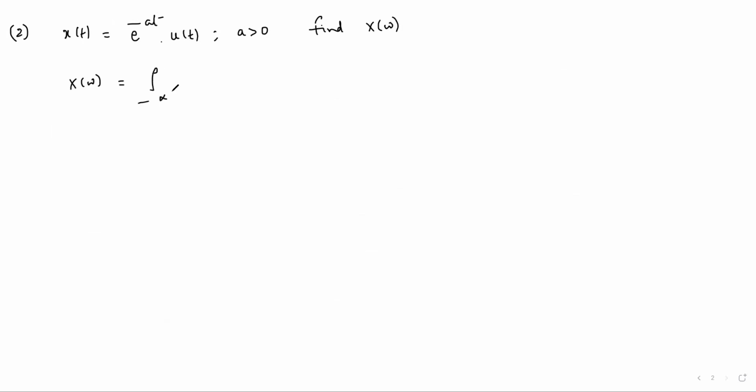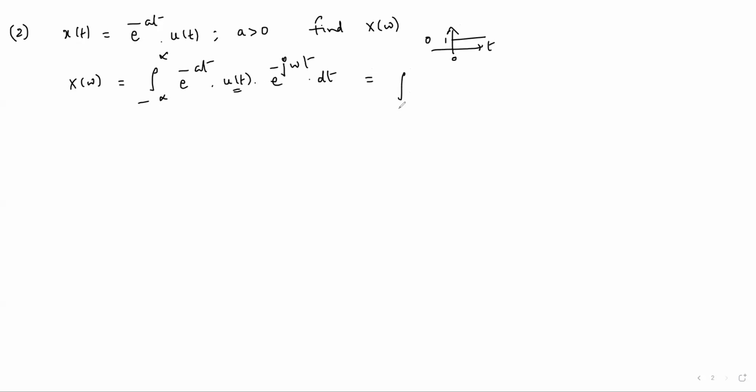It is integral from minus infinity to plus infinity of e to the power of minus a t u of t times e to the power of minus j omega t dt, from the Fourier transform formula. So u of t is there. The u of t signal is 1 for t greater than or equal to 0 and 0 for t less than 0.